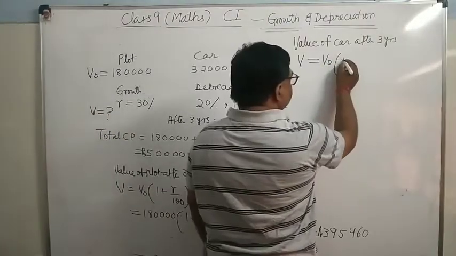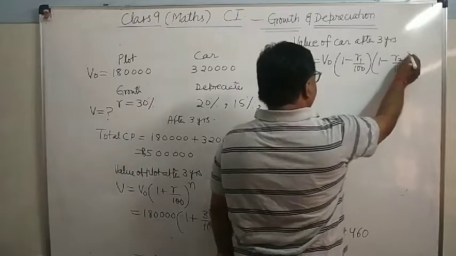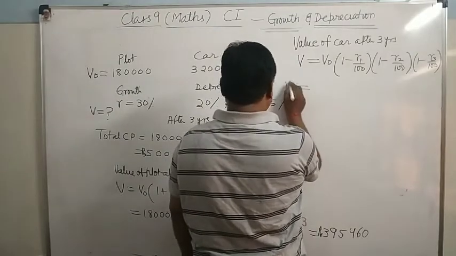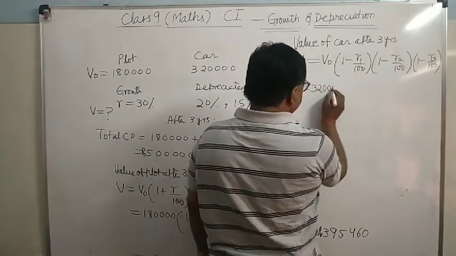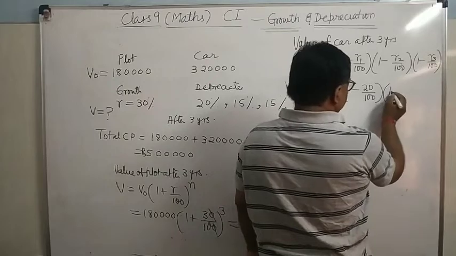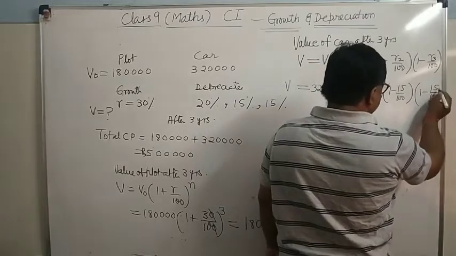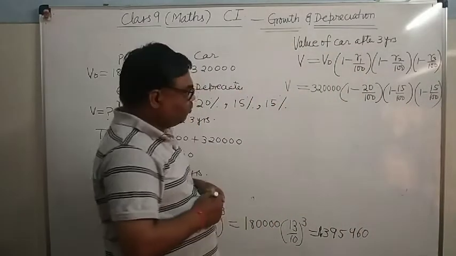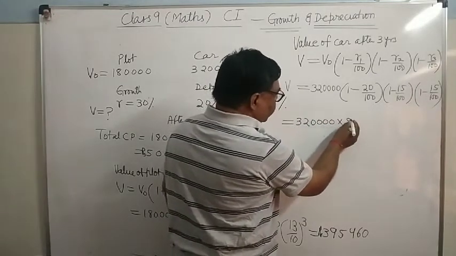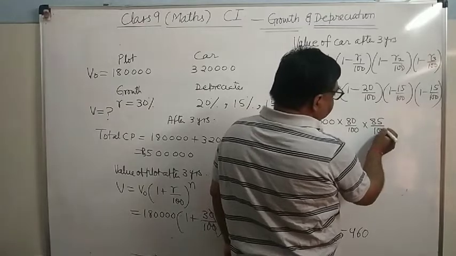So 1 minus 20/100, into 80/100, into 85/100.